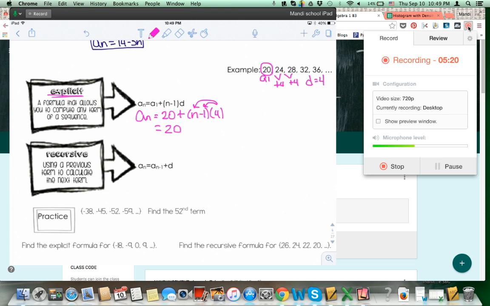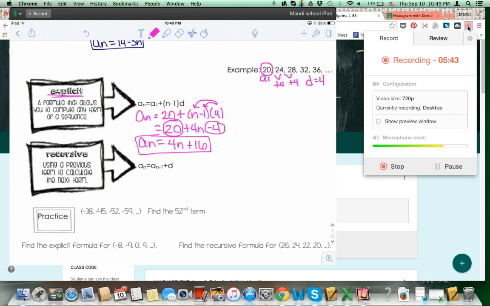So that's 20. 4 times n is 4n. 4 times negative 1 is negative 4. Then you need to add your like terms. So I'm going to do the 4n first, and then 20 minus 4 is 16. A sub n equals 4n plus 16.